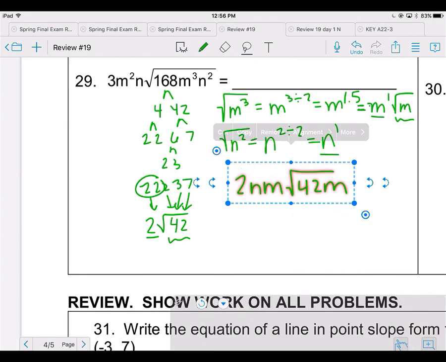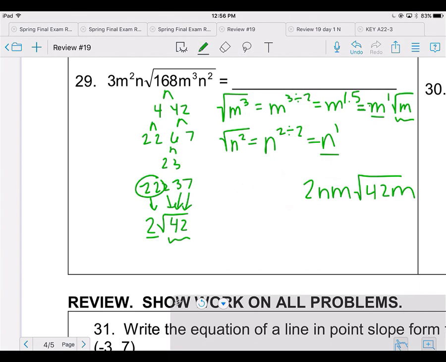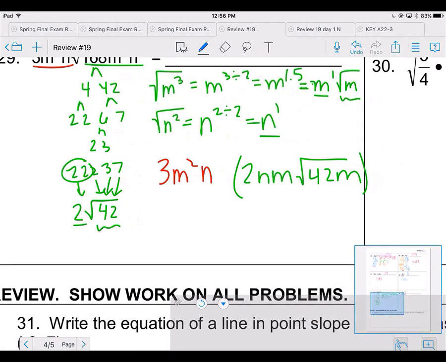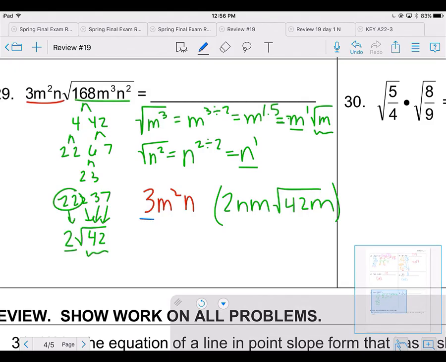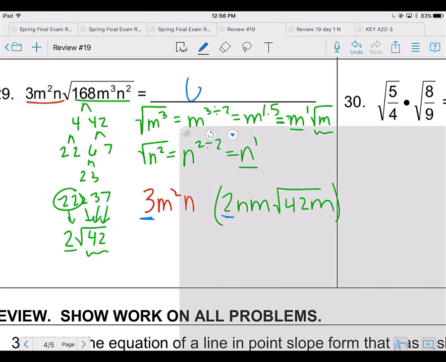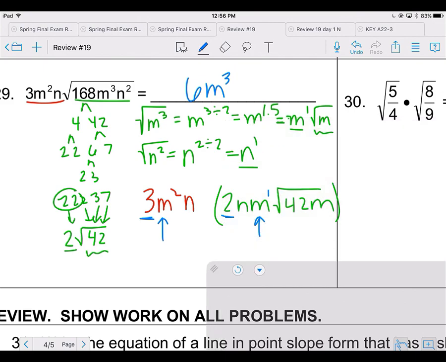Now, this in green, again, is just the simplified version of the square root. I still have this 3m squared n out front. Anything that's outside gets multiplied to outside, so 3 and 2 are multiplied like normal numbers to make 6. M's we add, so m squared and m is 3, because we have 2 plus an invisible 1.